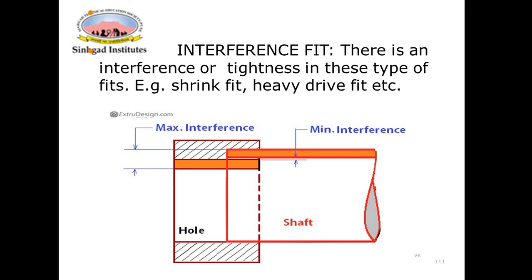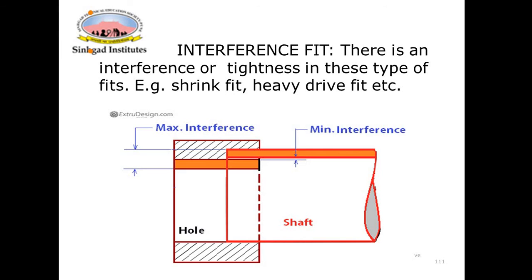So as you can see, again we can discuss here. Suppose this is the hole, the left one, this hatched portion, which shows the size of the hole. This shows the size of the shaft. In this case, the distance between this line and this line is the minimum size of the hole.